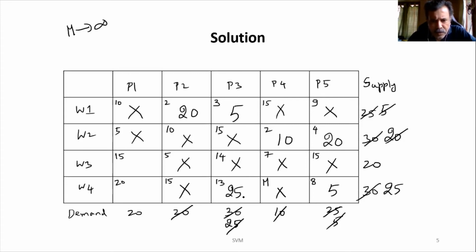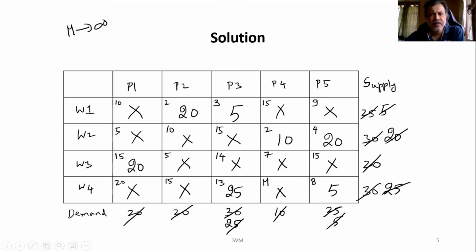Since this 25 is also fully allocated, I need to close this also. Now only one cell is left, which is this 15. When you compare demand and supply, both are 20 and 20. So allocate 20 here. Since 20 is fully done, close this, this. So all the cells are exhausted, which means you have already done all the allocations.